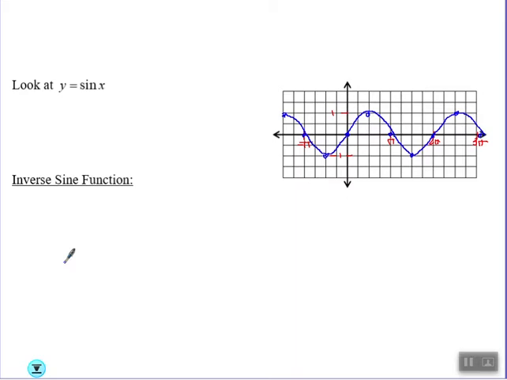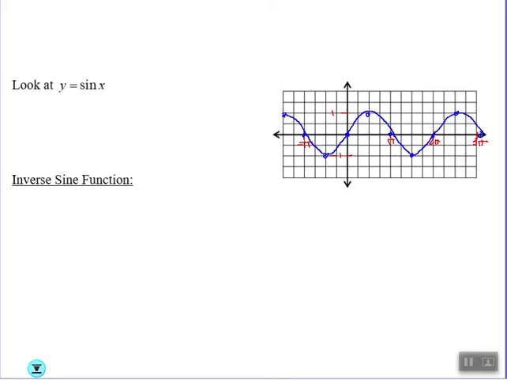If you remember what we talked about earlier in the year when we discussed inverses, a function must be one-to-one to have an inverse. And we check to see if a function is one-to-one by doing the horizontal line test. If I draw a horizontal line through my graph of y equals sine of x, I'm going to hit the graph either 0 times or infinitely many times, which means that the graph of y equals sine of x is not one-to-one.